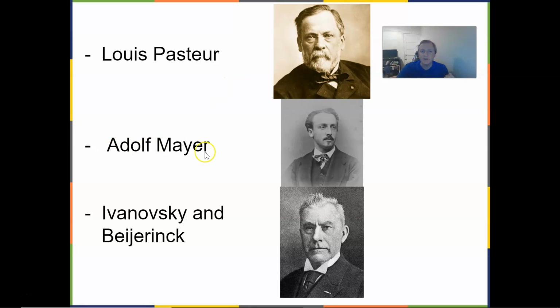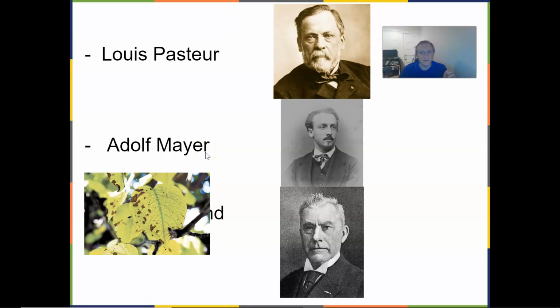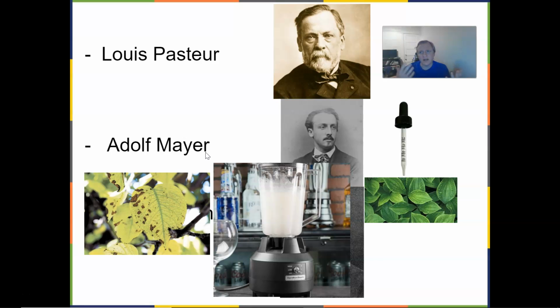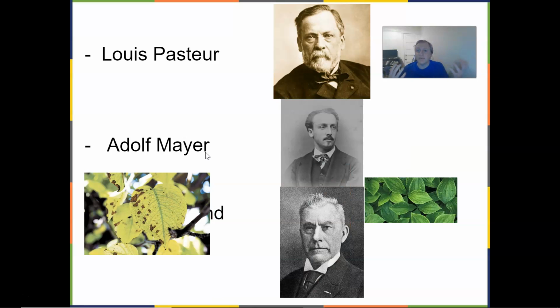And so what happened was Adolf Meyer here showed that you can take an extract from a plant, so you can take a plant and expose another plant to that first plant's extract. And if that first plant was sick, the second plant is also going to get sick.